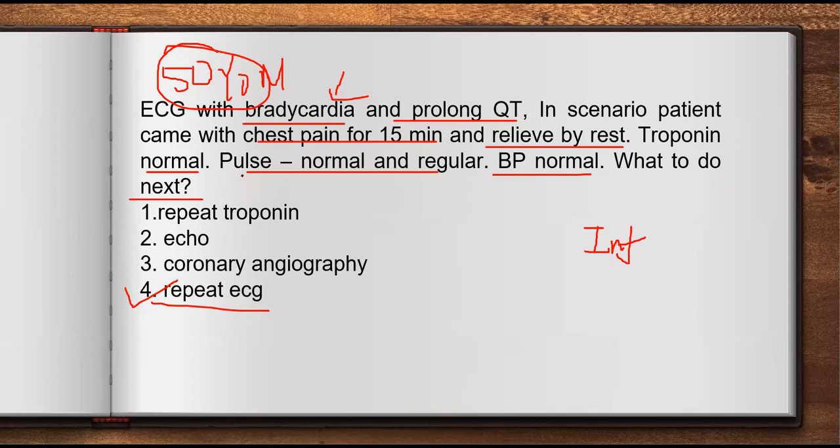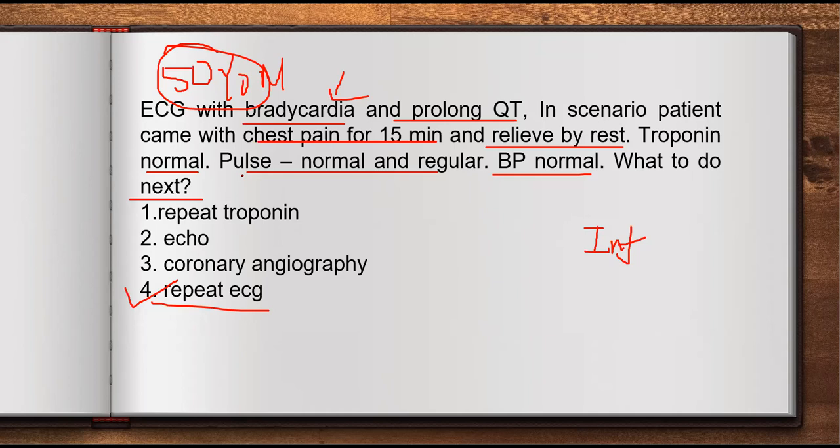If those tests show any ischemia during exercise or during stress, then you do an angiogram to find out how much obstruction is there. Then if you find blockage in the coronary artery, you can prophylactically provide a stent, or you can provide coronary artery bypass grafting to this patient.